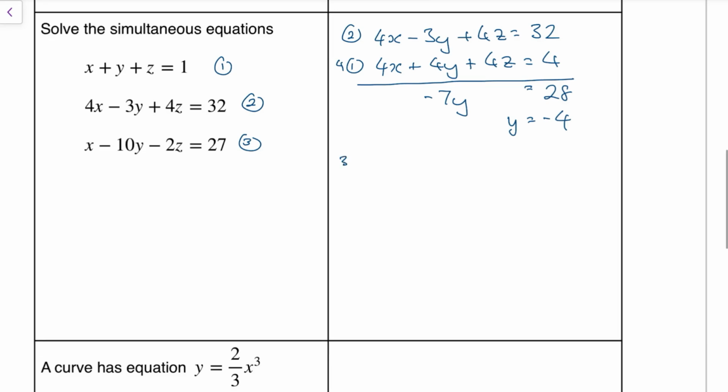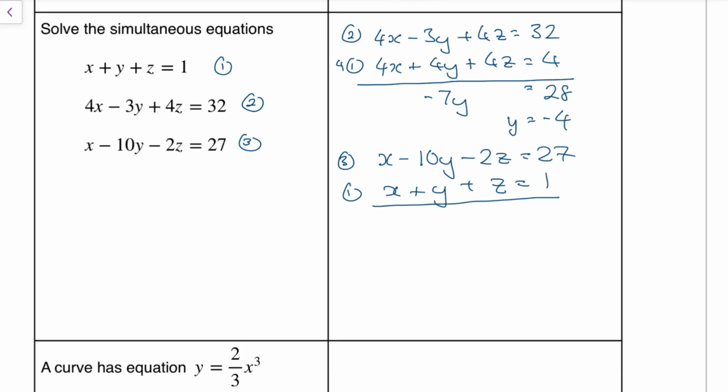Then I'm going to do equation 3. So equation 3 is x minus 10y minus 2z equals 27. And I'm going to write equation 1 underneath, so that's x plus y plus z equals 1. I'm going to take these away again. So -10 minus 1 is -11y. -2 minus z is -3z.